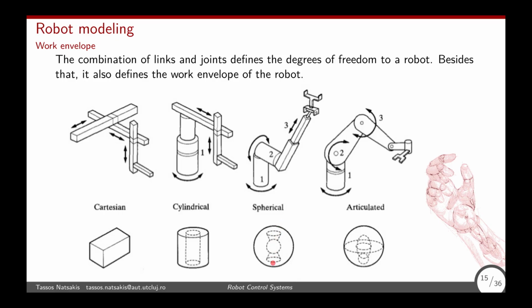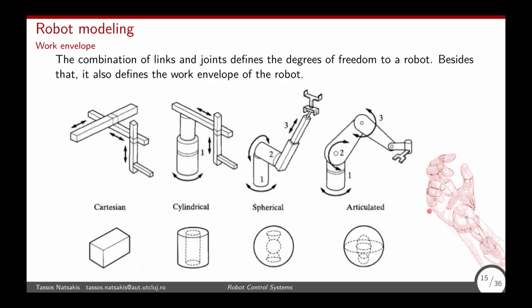This has to do with unreachable areas inside the work envelope. And if I have 3 revolutes, I'm gonna have a sphere, but with different sizes and different unreachable areas inside. The shape of this volume also has to do with the joint limits, how much the joints can rotate and other aspects, but this gives you an idea of what we are talking about.